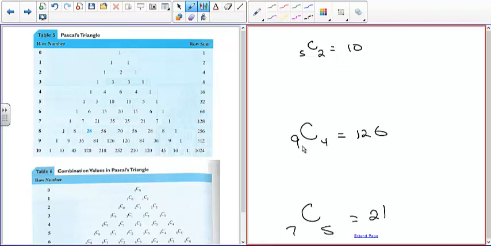So then you get the number without having to use the formula. If you wanted to find out what the value of this was, 9 things taken 4 at a time, you'd go to row 9, and you'd go 9, 8, 7, 6, 5, 4, and you'd read that number, which is 126. And then 7 things taken 5 at a time, you go to row 7, and you'd go 7, 6, 5, and that would be the number.